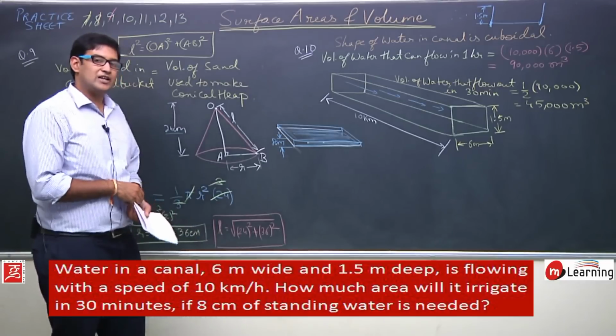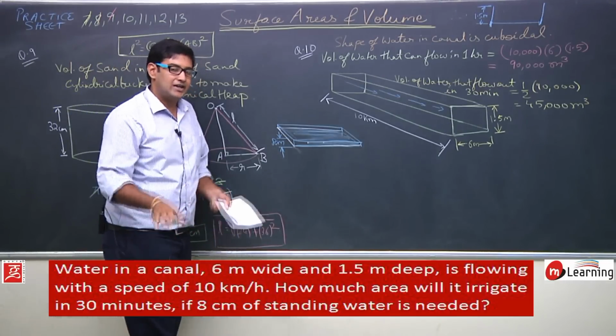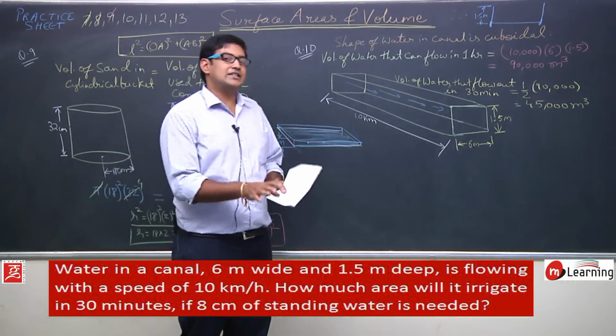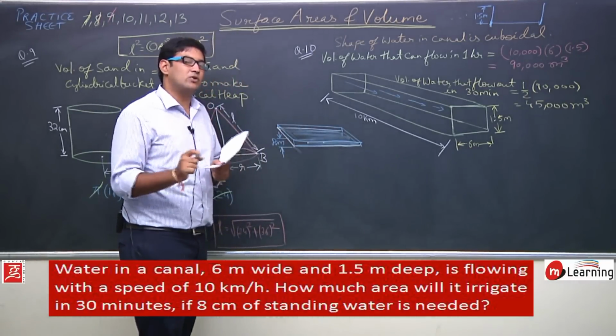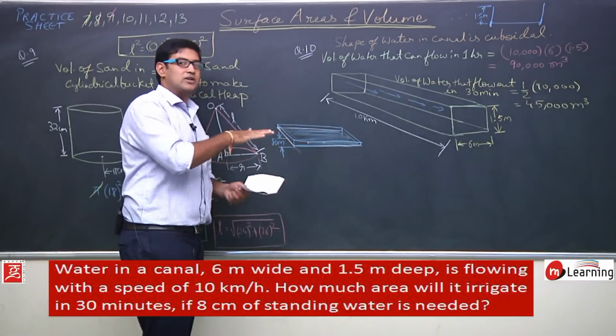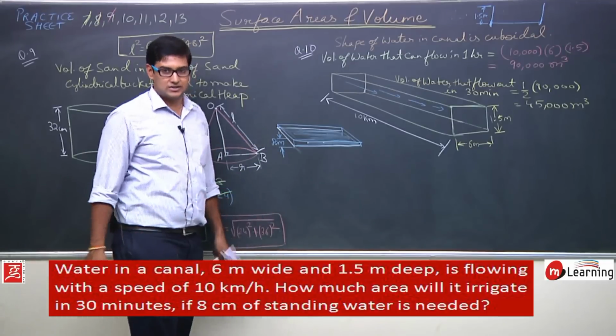Because if the level of water is below 8 centimeter, irrigation is not possible. Irrigation is possible only if the level of water from the ground is 8 centimeters.